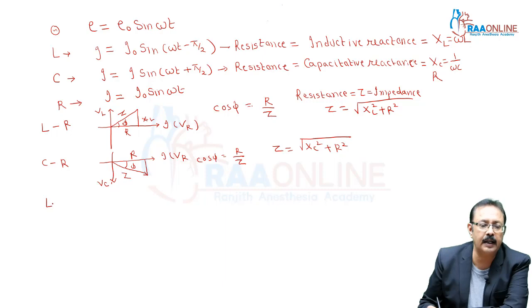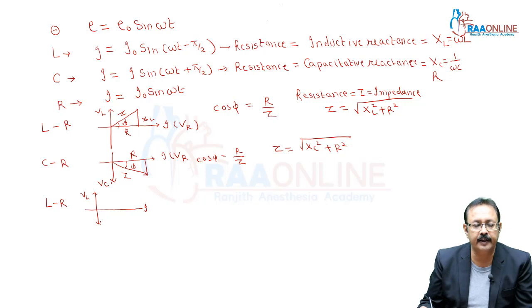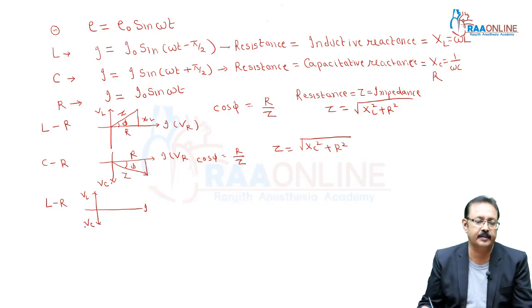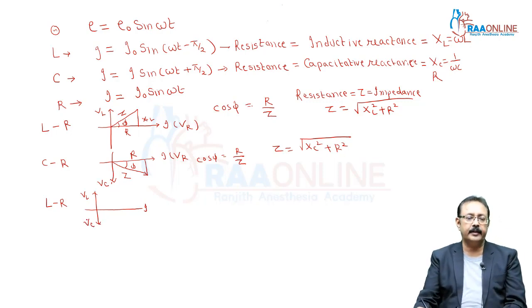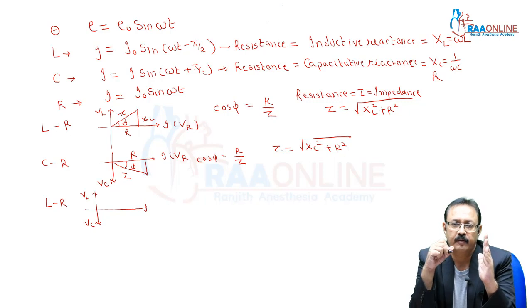When you are using an LC circuit, what will you get? I is on the x-axis, VL is 90 degrees ahead of I, VC is 90 degrees behind. If VL is greater than VC, the resultant will be in this direction. And if VC is greater than VL, then the resultant is in the downward direction. Means voltage across, what is voltage?